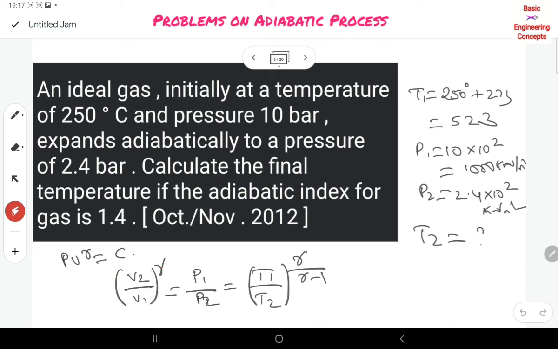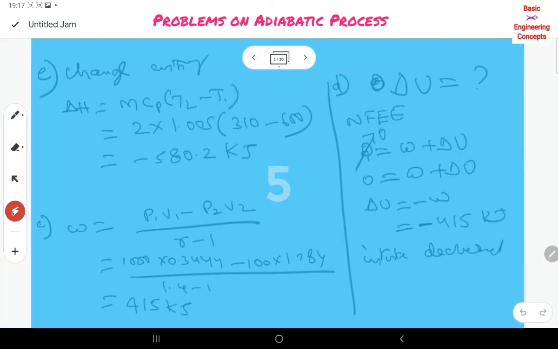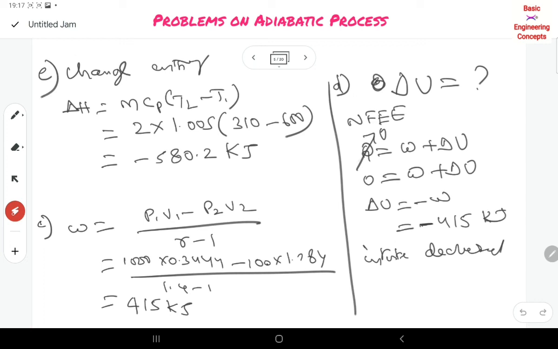At the same time, when the first law of thermodynamics is applied to the adiabatic process, the heat transfer to the system is 0. So Q is equal to W plus delta U, that is delta U is equal to minus W.